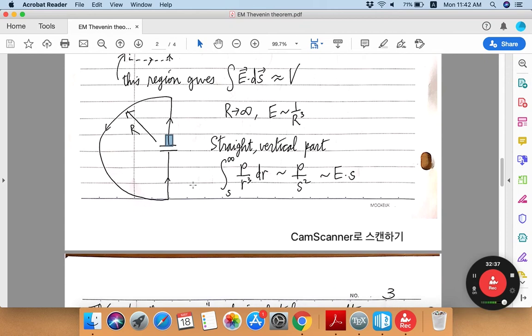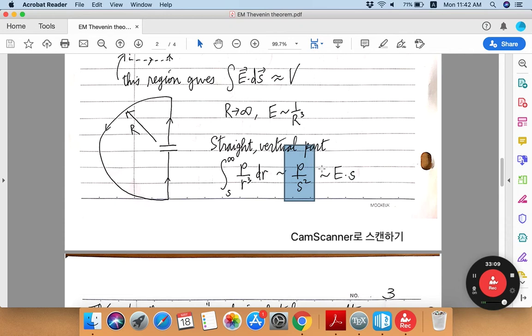Okay, so the quick estimate is that this dipole electric field strength, which is the dipole moment divided by r cubed, integrated along this line integral element, starts out at s and goes out to infinity, will give you a value which is something like the dipole moment divided by s squared.